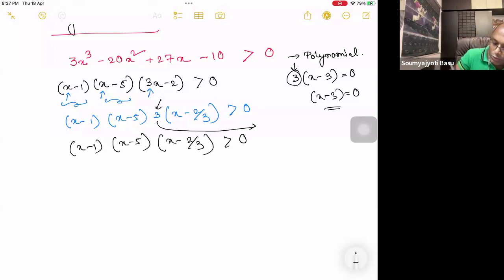So what are the roots? I would write the roots in an ascending order, meaning an increasing order. So the smallest root is 2 by 3, next is 1, next is 5. You have to plot these roots on a number line. So let's draw a number line.